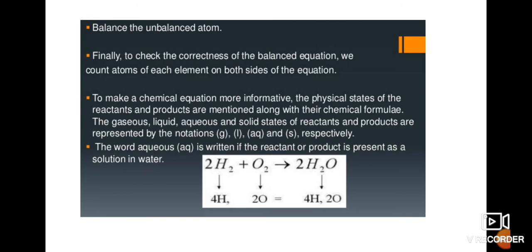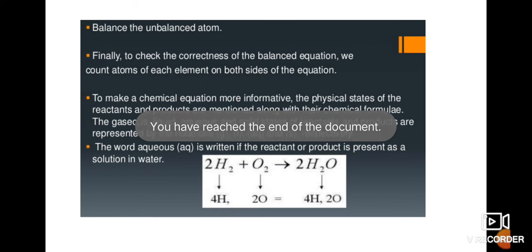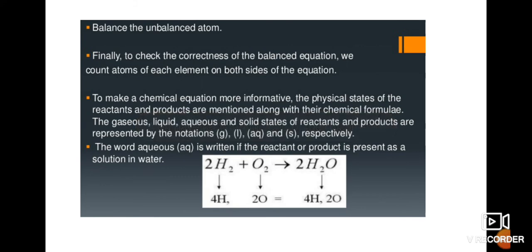Here we have mentioned a balanced chemical equation for the reaction of hydrogen and oxygen to give water. Now as we have discussed balancing the chemical equation, you have to look at your book, start solving them and make sure that you are able to do them on your own.